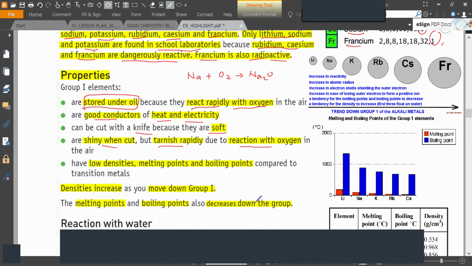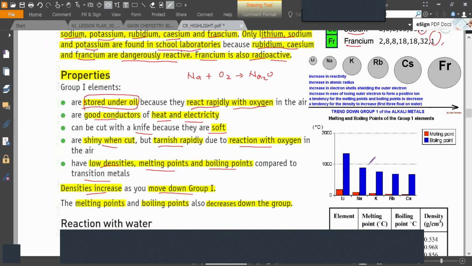They generally have low density, low melting point, and low boiling point compared to transition metals. Densities increase as we move down the group.